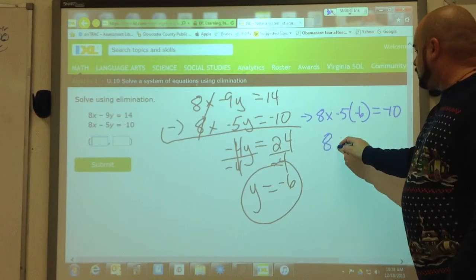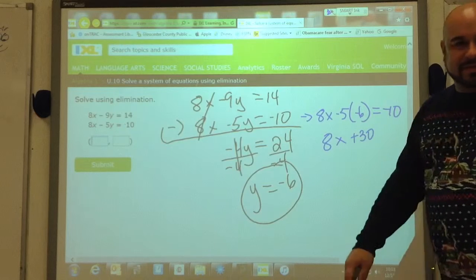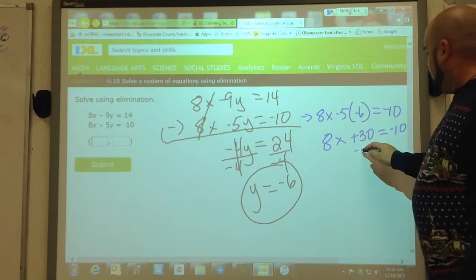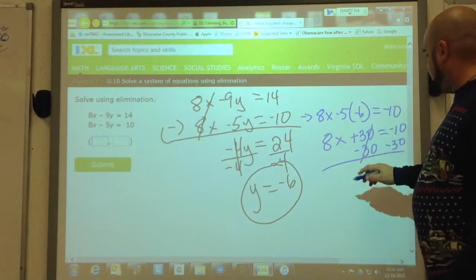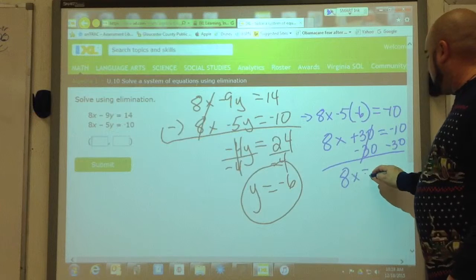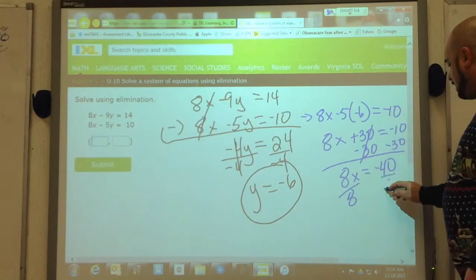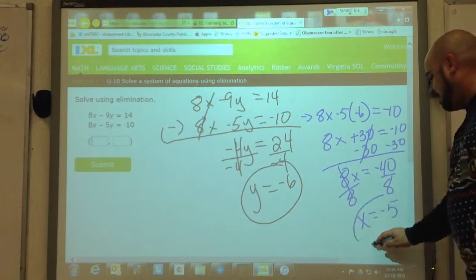I have 8x plus 30, because negative 5 times negative 6 is positive 30, equals negative 10. I subtract 30. Cancels out. I have 8x equals negative 40. And then I divide by 8 on both sides, x equals negative 5.